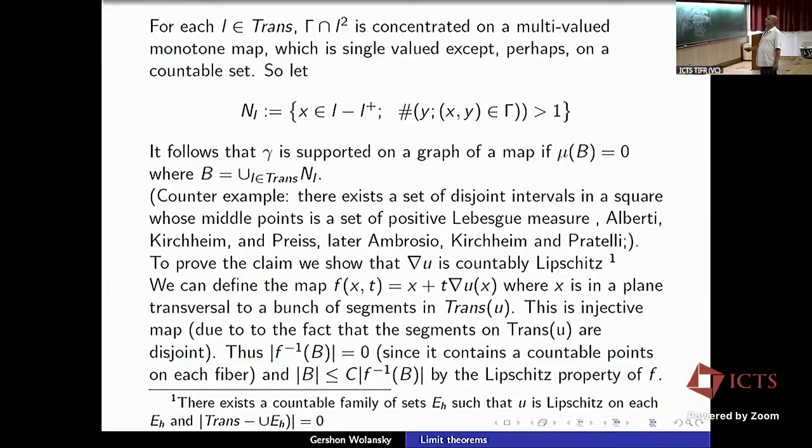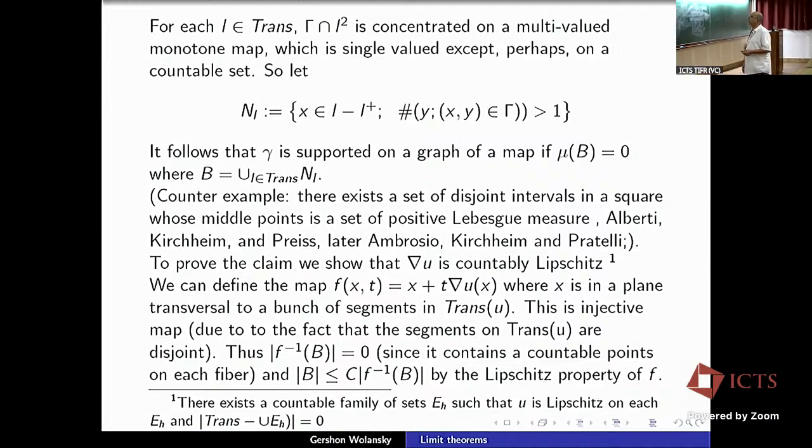Take all points of transport segments for which the monotone map is discontinuous, and see if they have measure 0. This is not so easy as it looks. We can think that because on each ray there are only countably many points, that's measure 0, and you integrate, use Fubini or something, and get measure 0. But this intuition is wrong.